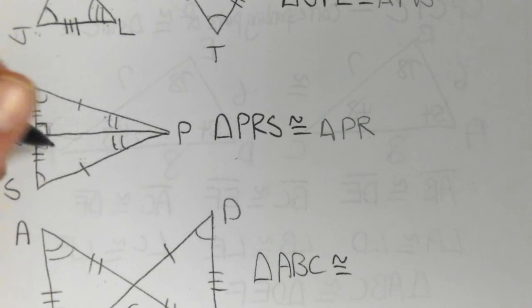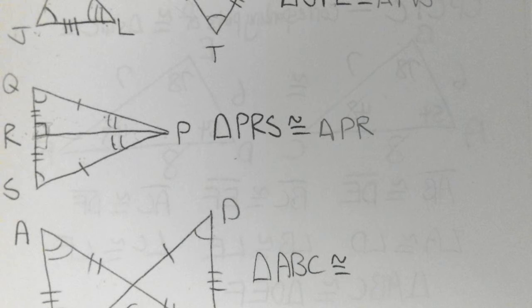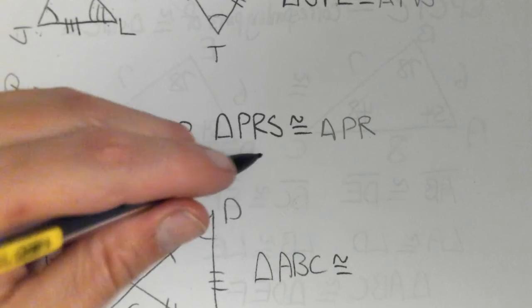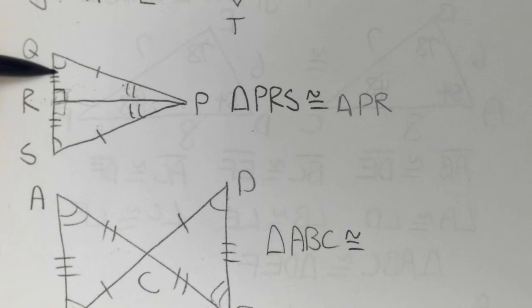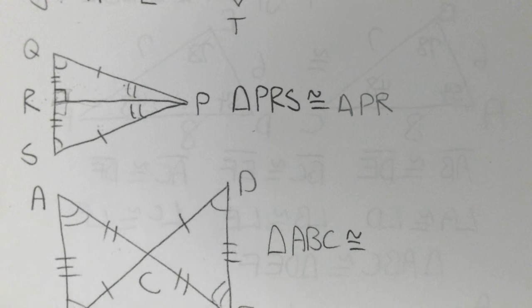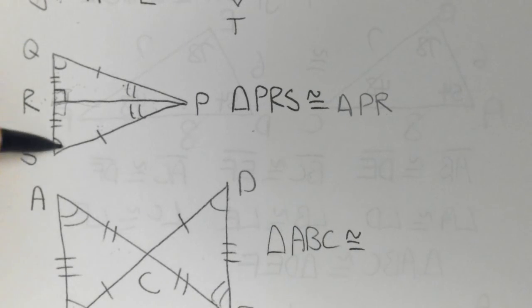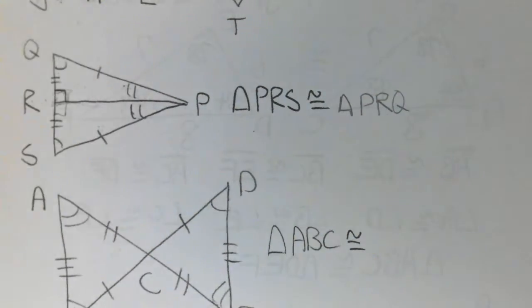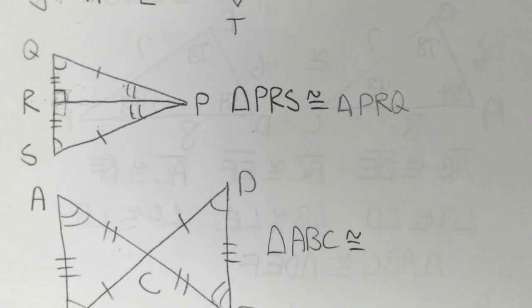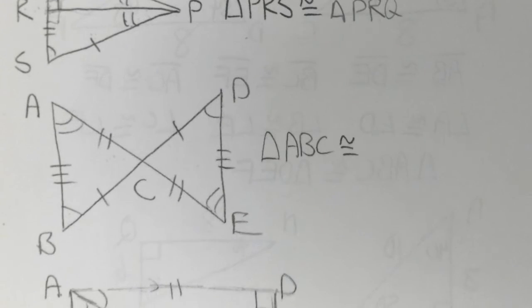It kind of is facilitating these parts here being in both triangles. Okay, so PR, so we got one left, and the only one that we haven't really accounted for is Q. Q 1 mark, S 1 mark, and so it's going to be PRQ. Alright, and we can verify that all those different parts are congruent now. Okay, let's go to the next one.